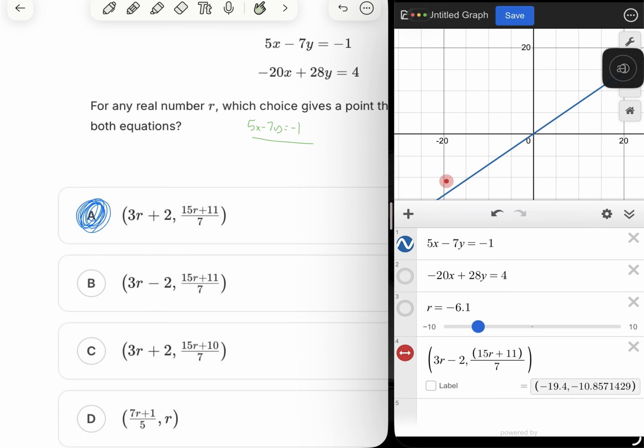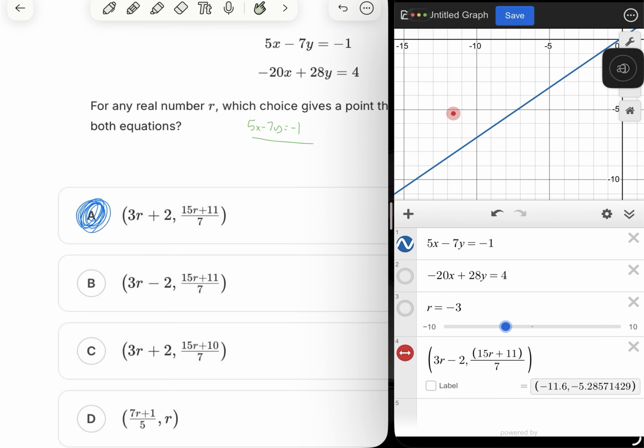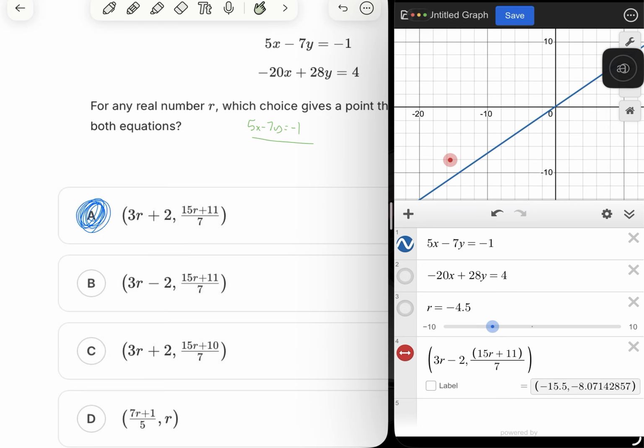If you move the slider, you'll realize that the point doesn't follow the line anymore. It's a bit offset, as if it's tracing another line instead of the one that's given in the problem. So this is exactly what I mean by follow the point. Answer choice A follows the path of that line.